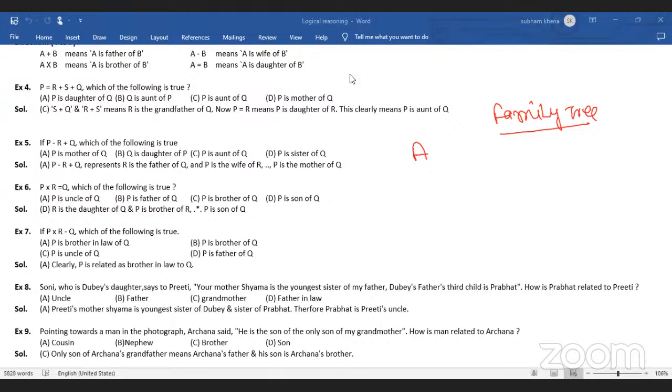Where's the whiteboard? Family tree. Generation is shown with the help of this. This shows generation, straight line. Okay. This shows couple. A comma B, matlab A and B are a couple.